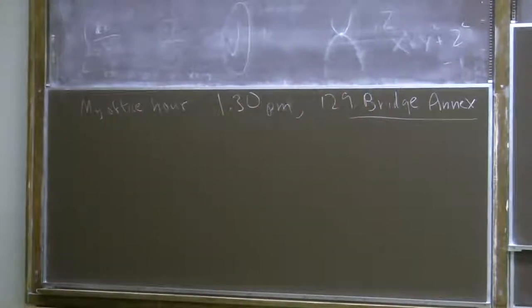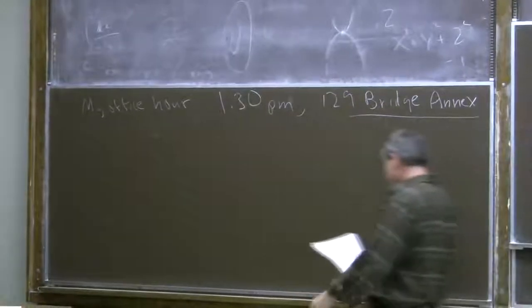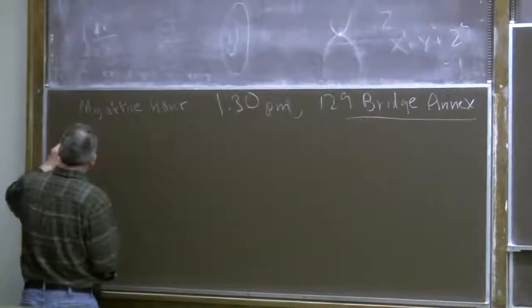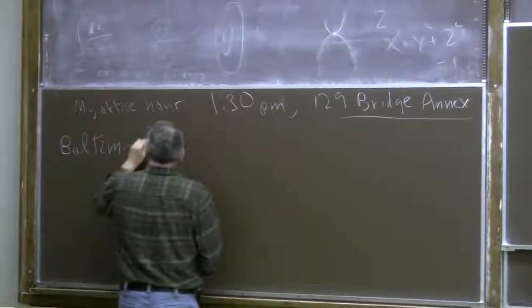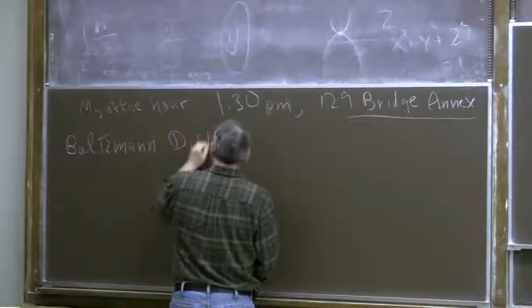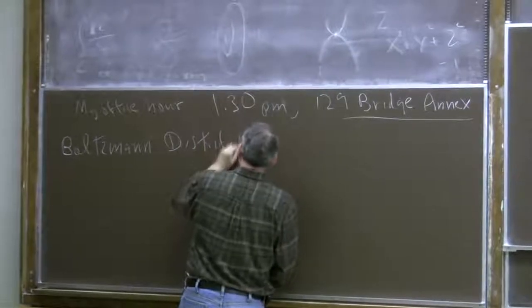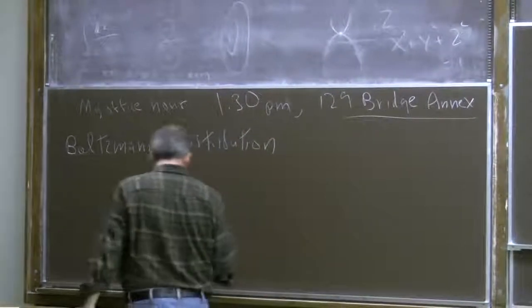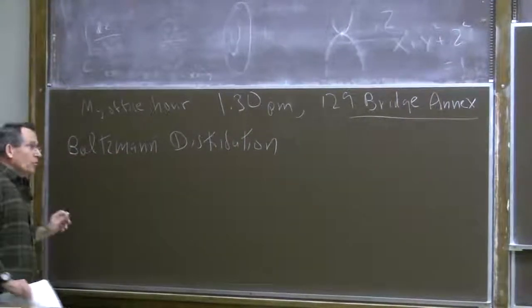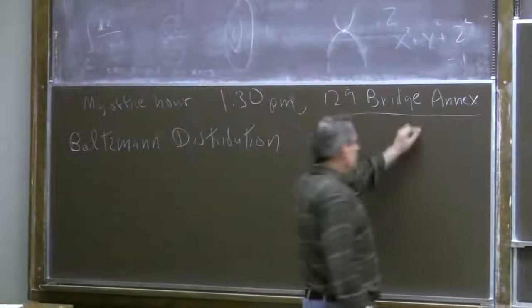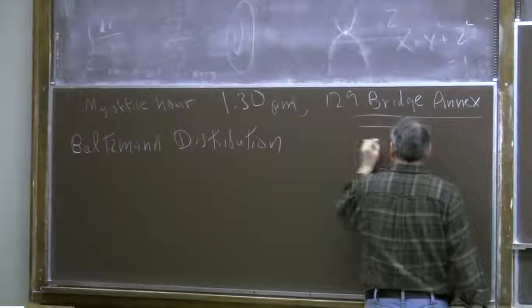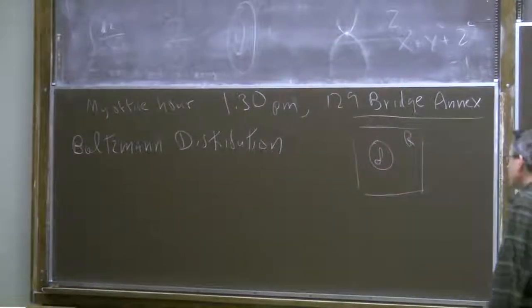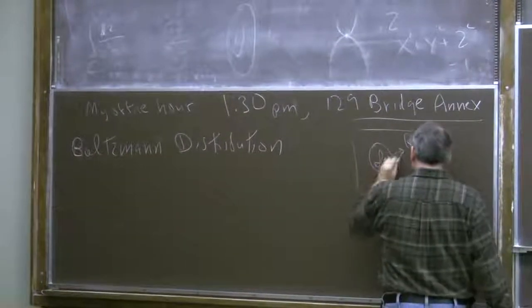Okay, so last time we talked about the Boltzmann distribution, which is appropriate for considering a situation in which there's a large reservoir and a system in thermal contact with the reservoir.